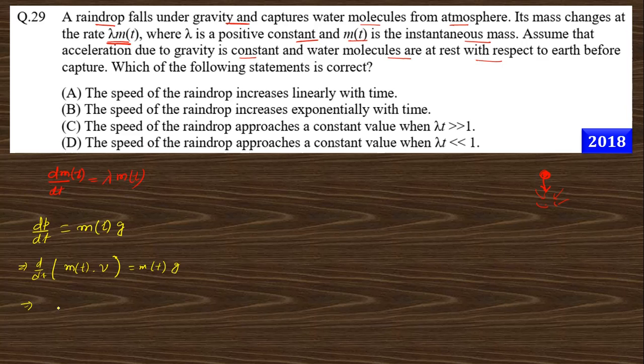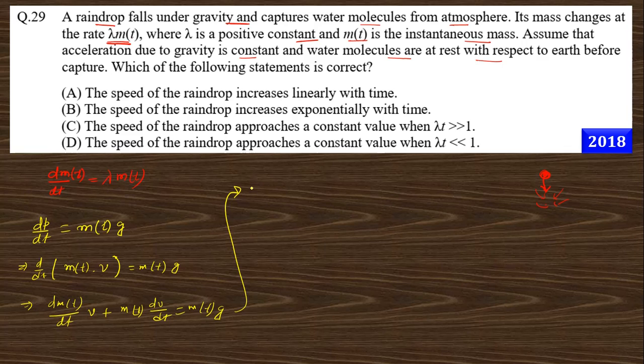So you can write this as dm/dt into v plus m dv/dt equals m g. Now dm/dt is equal to lambda m(t).